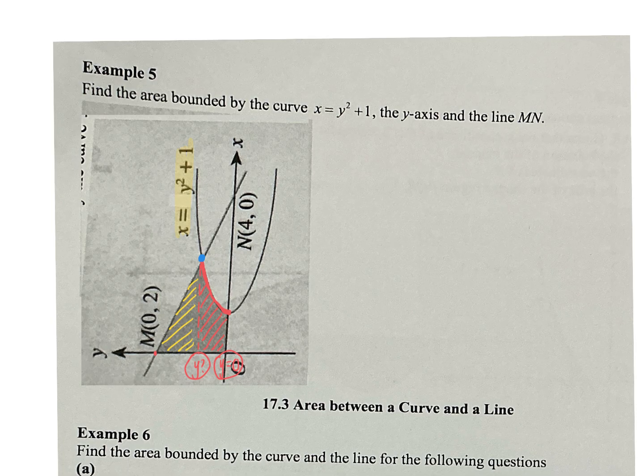This point is the intersection between what and what? The line and the curve. So I know the curve already. How to find this line? Go and find y equals to mx plus c. Find the equation of MN. Then equation 1, equation 2, solve for this point.